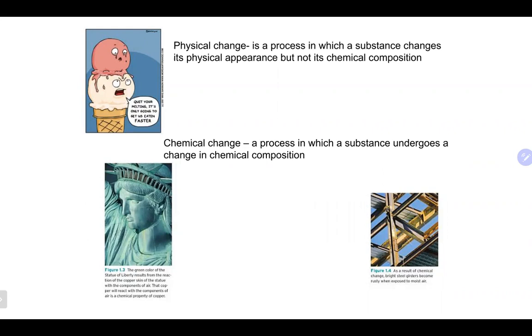And a key to a physical change is that, typically, you could do some type of physical process to get back the original substance in most cases. Physical processes like freezing, melting, boiling, condensation, and filtering. So if we think about our melted ice cream, very simply, we could throw it back in the freezer, and it will harden back up to its original shape.